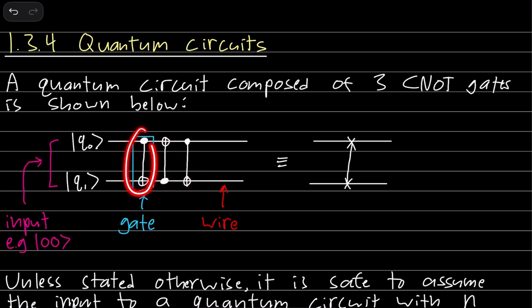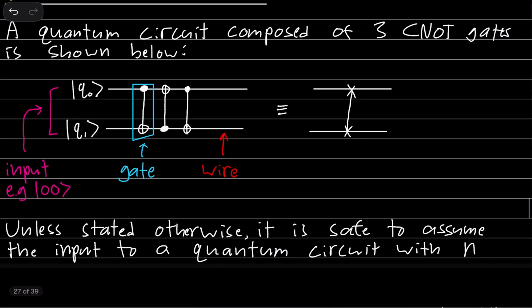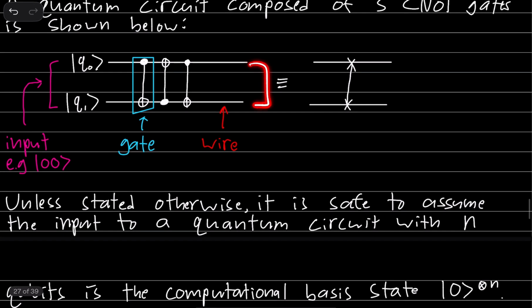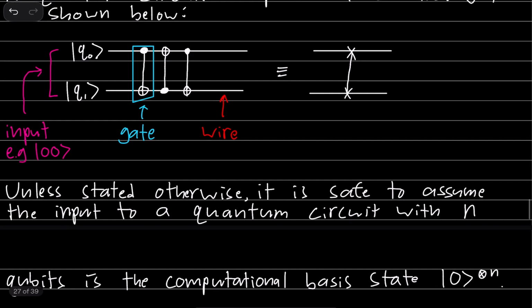This CNOT gate has wire slash qubit 0 as the control with wire slash qubit 1 as the target. Here it's flipped, here it's the same. And unless stated otherwise, it's safe to assume that the input to a quantum circuit with n qubits, so here 2 qubits, right, is just going to be the computational basis state ket 0 tensored n times.